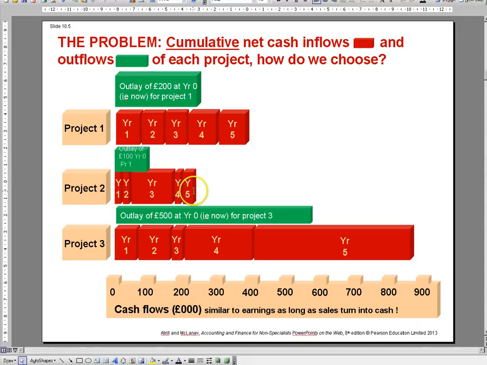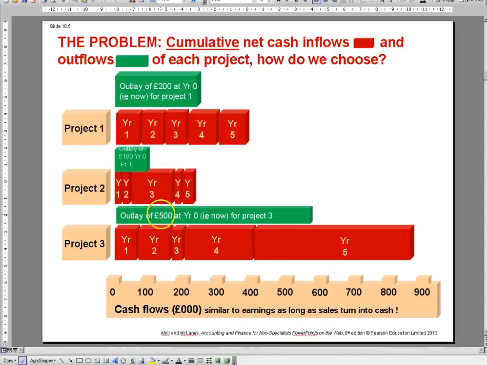So comparing those two, the return is smaller than project 1, but then the outlay is smaller. Then for project 3, we've got a huge return, but also a huge outlay of some 600,000 and a return approaching 900,000. So there's a difference between the outlays and the returns, but also there's a timing difference.